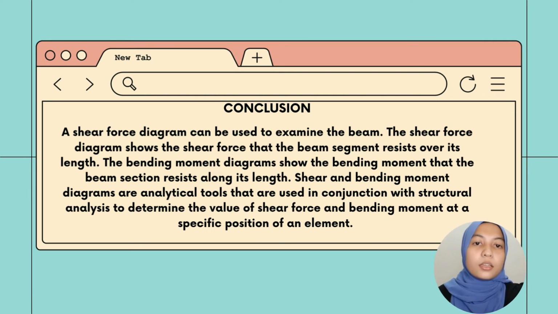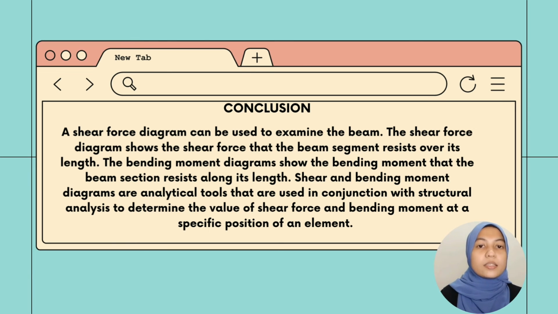Shear and bending moment diagrams are analytical tools that are used in conjunction with structural analysis to determine the value of shear force and bending moment at a specific position of an element.